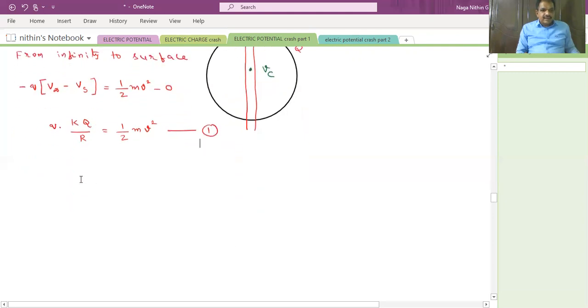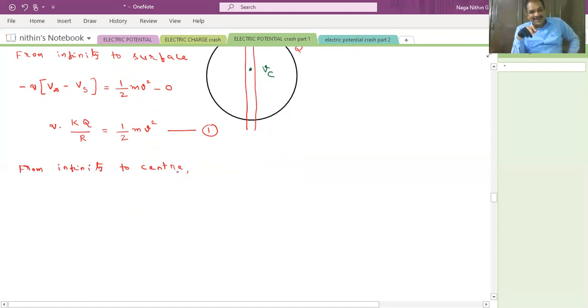Yes. Next, from infinity to center. Okay, you can't expect simple problems here in the NEET examination. What will happen?